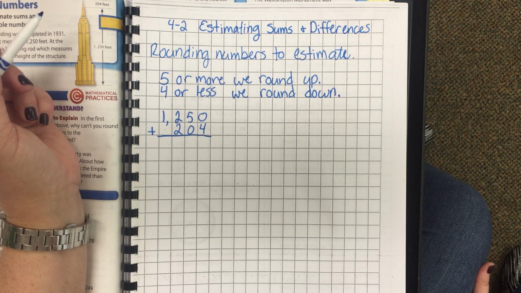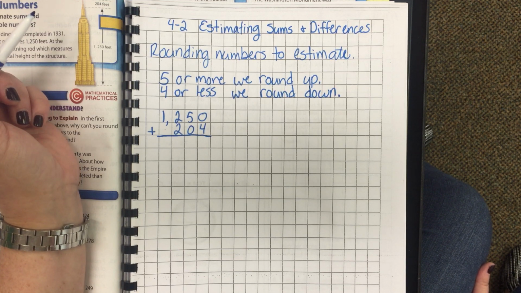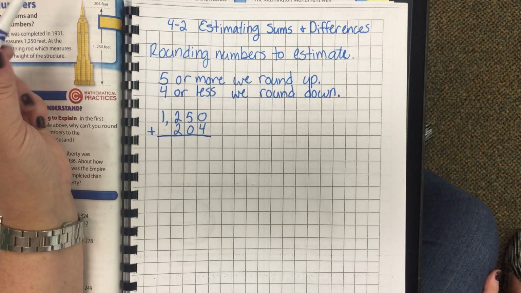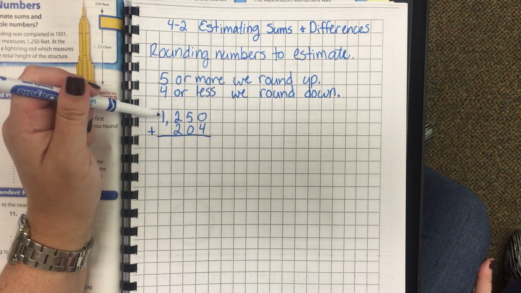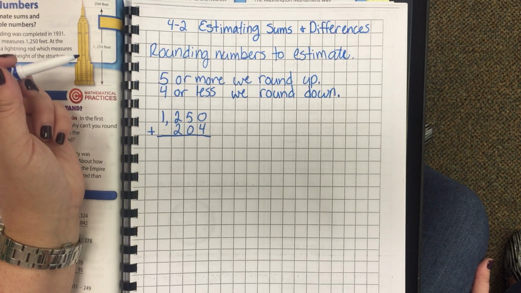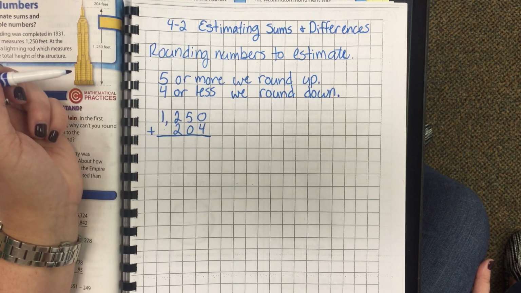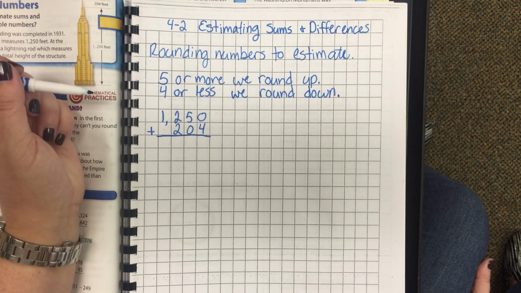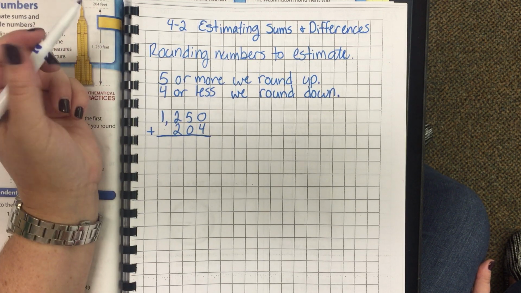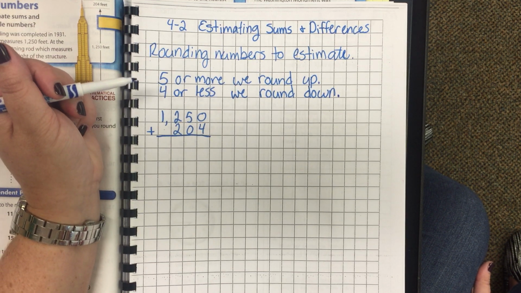Unless it specifically tells me which place I need to round it to, I kind of have to make a guess. It doesn't tell me how I'm supposed to round this. So I need to look carefully. Okay. Can I round it to the nearest 1,000? No. The second number doesn't even have a thousands place, so that's impossible. So my options would be to round it to the nearest 100 or to the nearest 10.